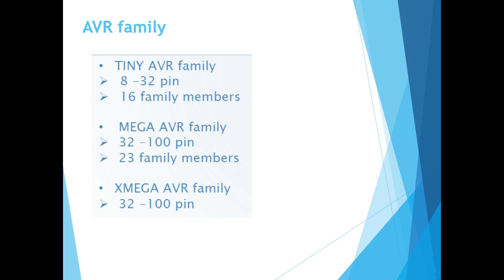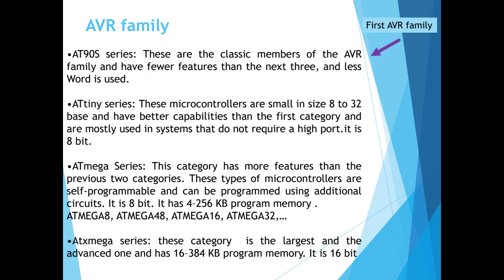Then we have the Mega AVR family. It includes 32 till 100 pins, and it has 23 family members. And the large AVR family, which is called XMega, includes also the same pins as the previous one, but with some differences about the features and amount that we will talk about in the next slide.